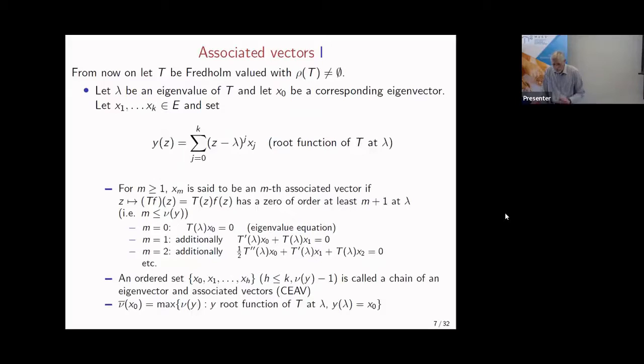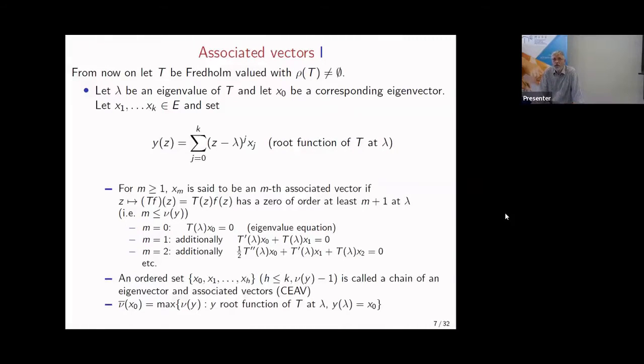And so now one aspect which occurs here, in such general operator terms, is that we have associated vectors. That means when we take an eigenvalue of T and we consider now a root function, as I said before, and write it as y of z equals the sum over j from 0 to k of (z minus lambda) to the power j x_j. This just goes up to k. That's also a function.